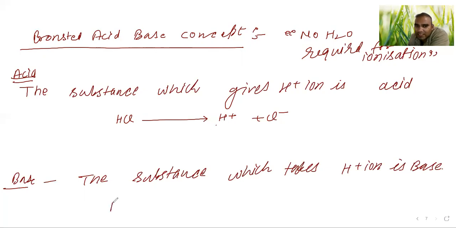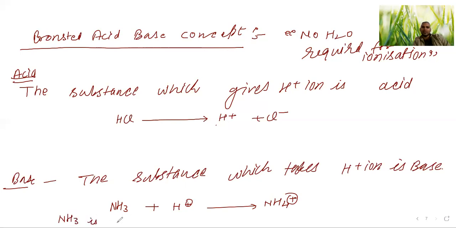Now you see NH3. If you give H plus to it, it will convert to NH4 plus. So ammonia, NH3, is a Bronsted base as it takes H plus ion.